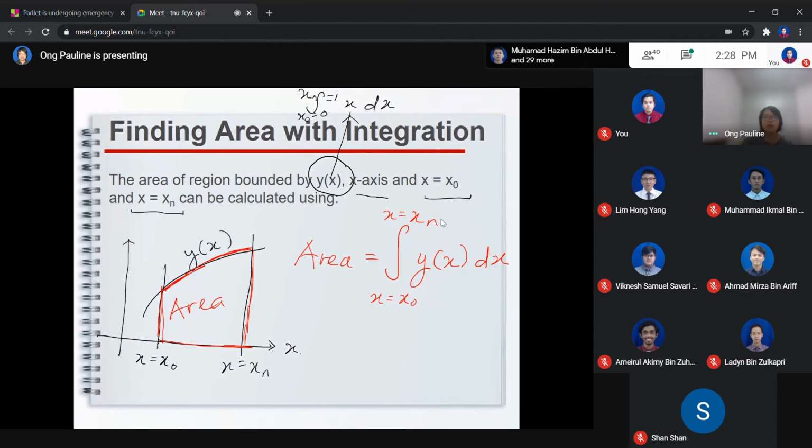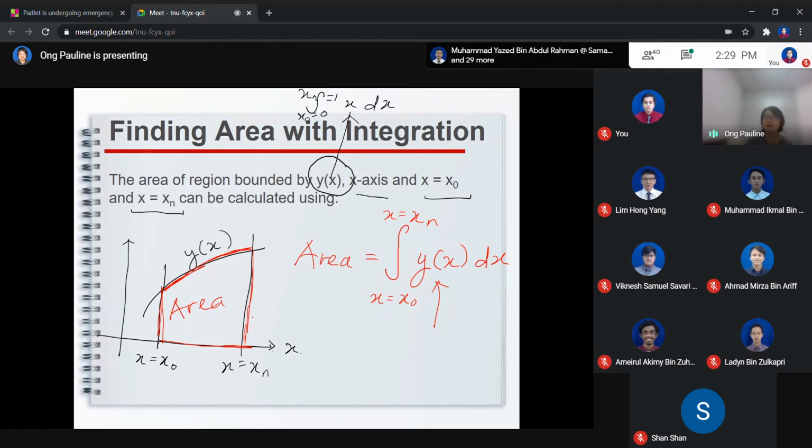The relationship between the area of the region and the integration is very useful if we have a very complex y function, because sometimes you don't know how to find the integration of a complex function. In such a case, we can try to calculate the area bounded by this region.